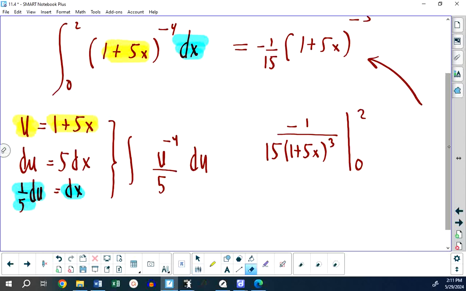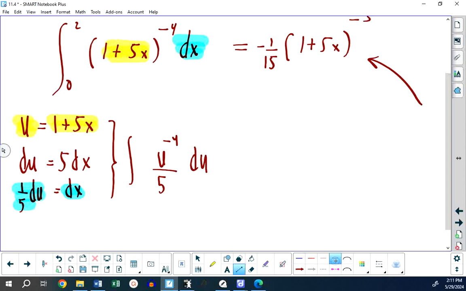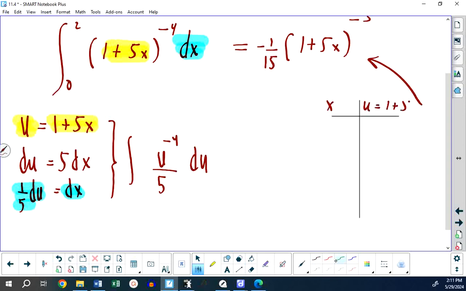I am going to take just a little detour here just to remind you that if you did want to work with numbers for u, you're going from 0 to 2, and u is 1 plus 5x. So you can figure out what the u lower and upper boundaries are.